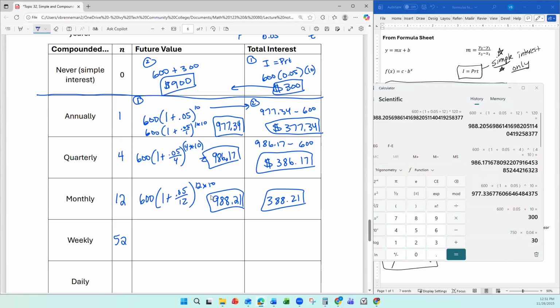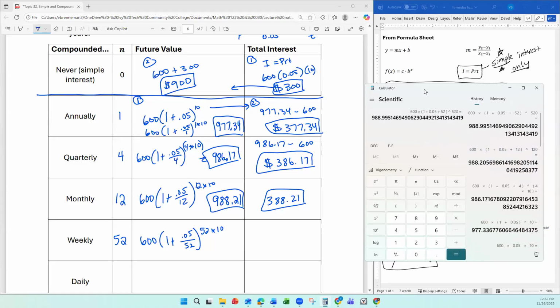Weekly n is 52. Same thing, 600 times 1 plus 0.05 over 52 to the 52 times 10. 600 times parentheses 1 plus 0.05 divided by 52, and parentheses, I'm just going ahead and doing 520 because I can multiply by 10 easily enough in my head, and it saves me the parentheses. 988, okay, rounds to 989 even.